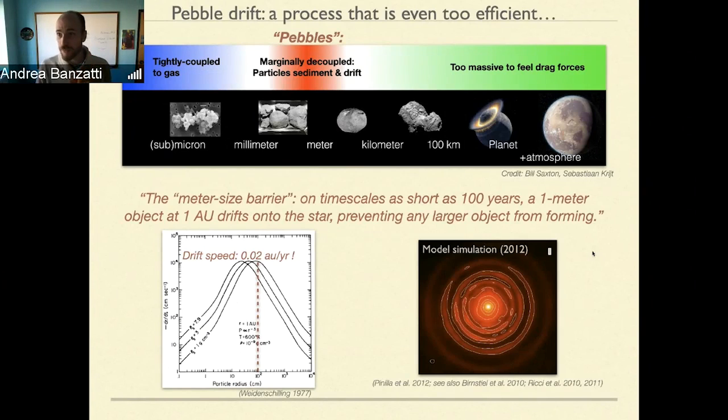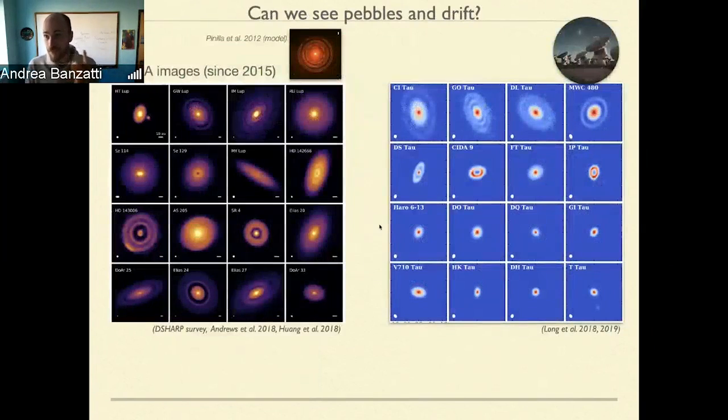This was 2012, and I know you all know this is no prediction anymore. Since 2015, ALMA has stunned us with many, many images of these kinds of structures in disks. These are images from a very famous recent survey with ALMA. Rings, gaps, spirals, all these structures that indeed tell us that pebbles are retained in structures at these large radii.